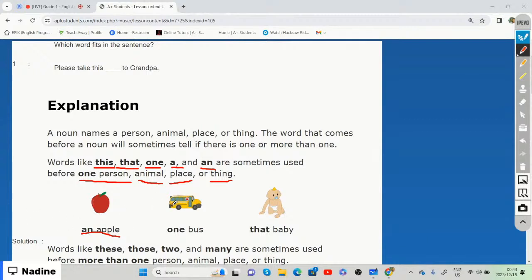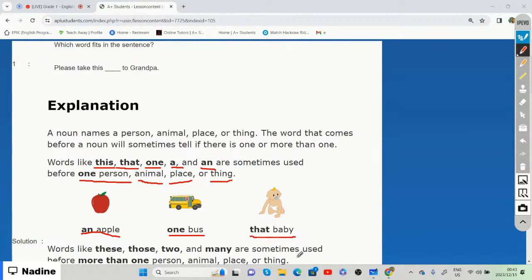Bus, right? One bus. And remember, sometimes we say one or two or three, and then it means that we are showing either singular or plural, right? It can mean that. But that is why words like this, that, a, or an also indicate that this is only referring to one person, animal, place, or thing.